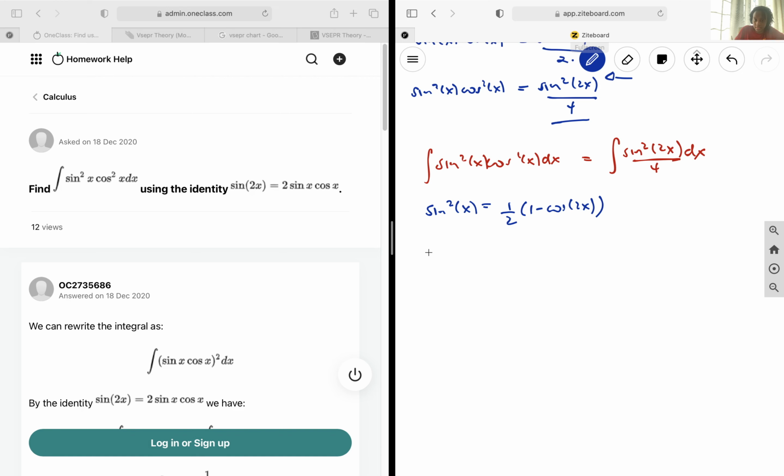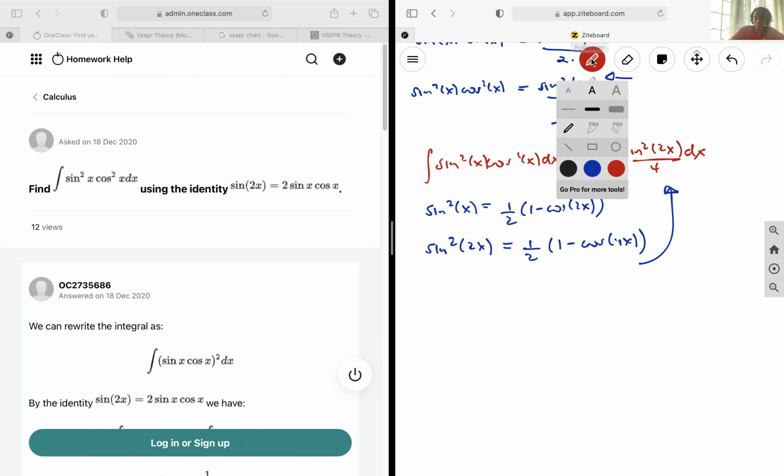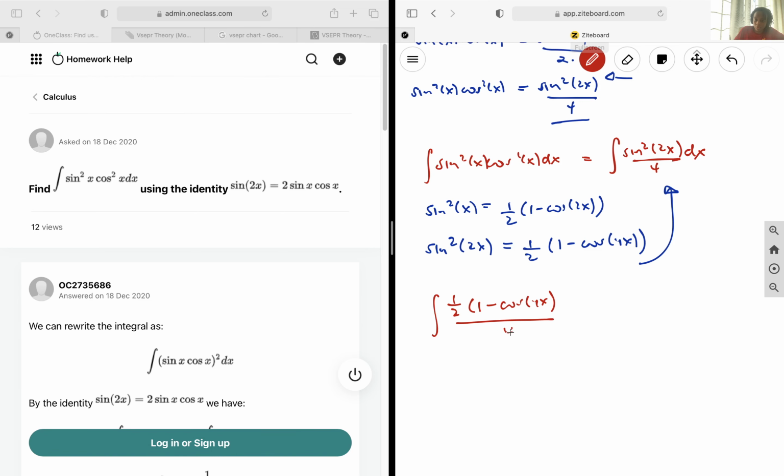And so this means that sine squared of 2x is equal to 1 over 2, 1 minus cos of 4x. And so again, put that right back in. And so we will get the integral of 1 over 2, 1 minus cos 4x over 4 dx.